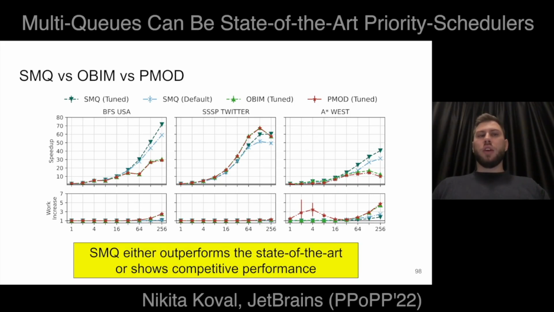We've chosen some parameters, fixed them, I mean the stealing probability and the buffer size, and we run all the experiments with the same parameters. So it's slightly worse than the tuned version, but it's still better than the tuned versions of ABIM and PMOD, which is kind of surprising.